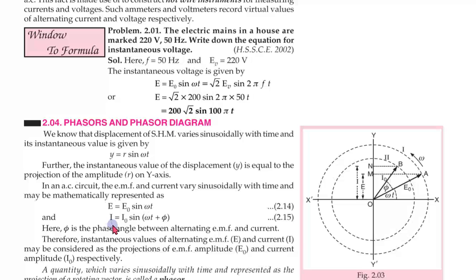That is, the quantities are phasors. Then E and I, though they are not vectors, we can represent in a circular form. This circular form or diagram is called a phasor diagram.